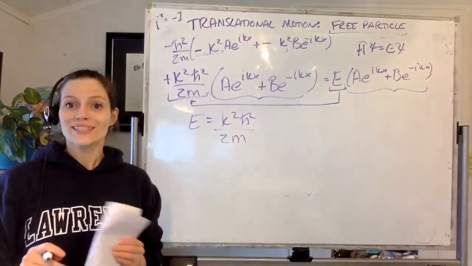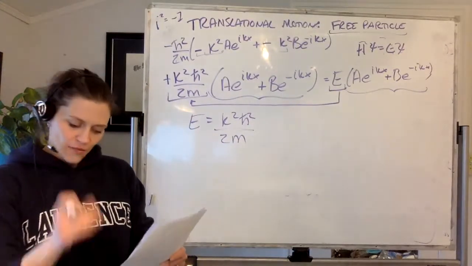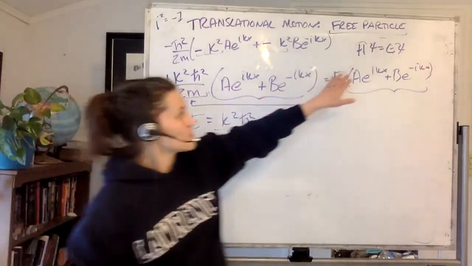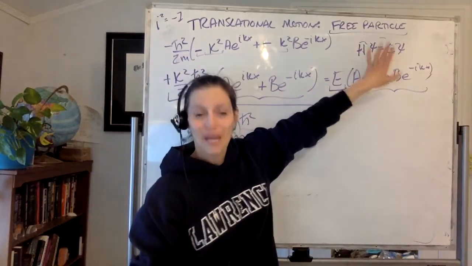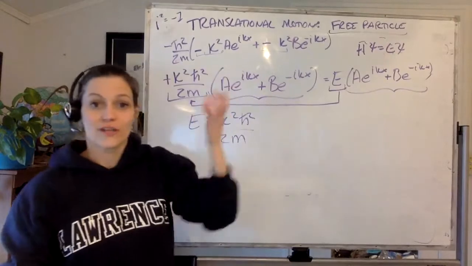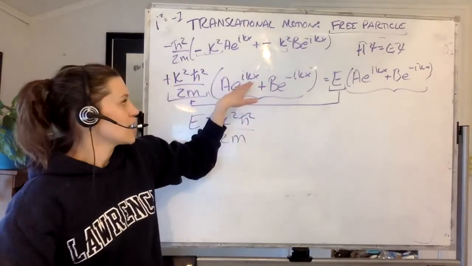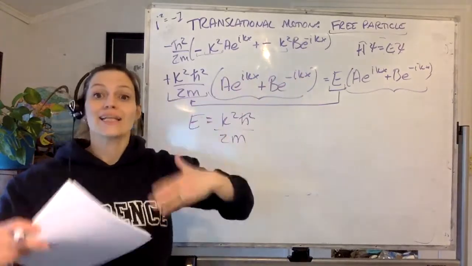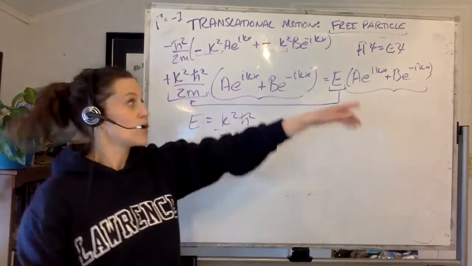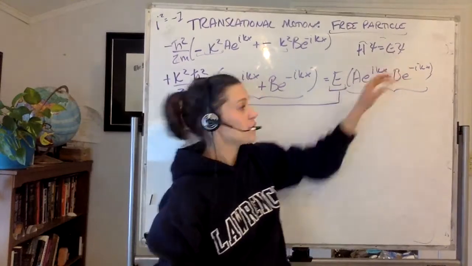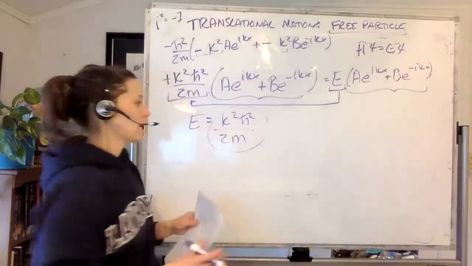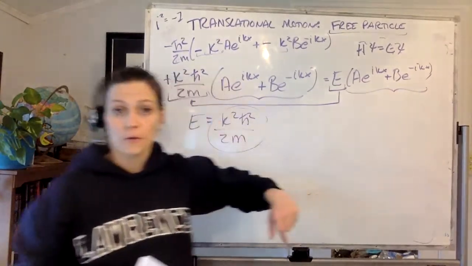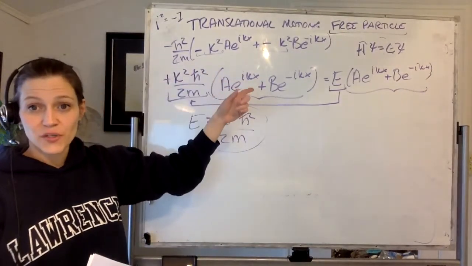Groovy. What does this mean? This means that the Hamiltonian operating on the wave function that we proposed, a e to the ikx plus b e to the minus ikx, does satisfy the Schrodinger equation and yields an eigenvalue k squared h bar squared over 2m and the original wave function again. Cool? So this does satisfy the Schrodinger equation.